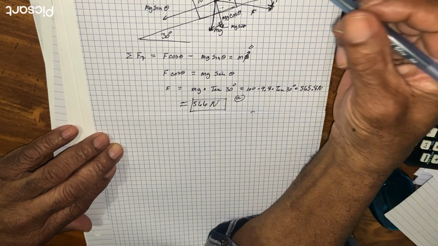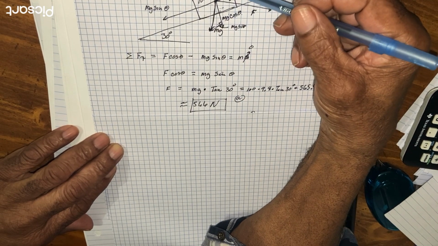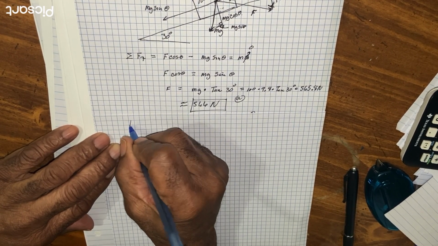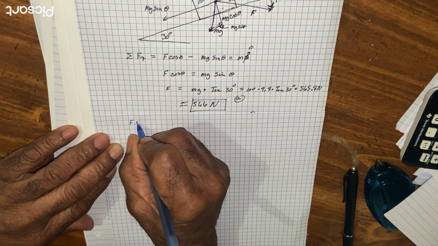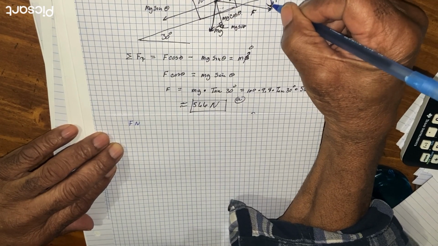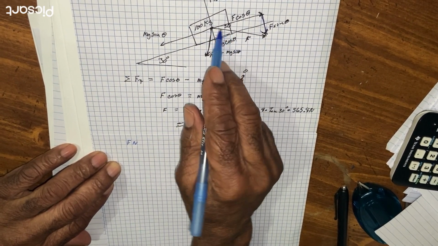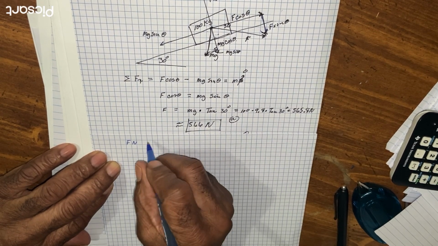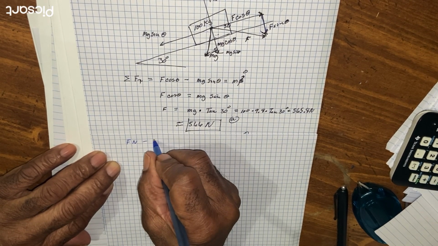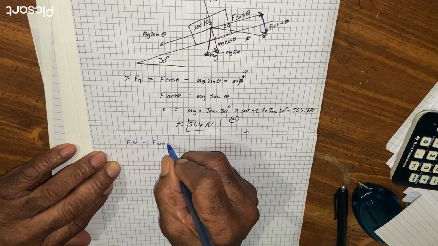So now we want the forces on the box due to the ramp. We want the normal force. So we'll say Fn. We're going to sum our forces. We look over here. We have F sine theta. That's from that force that's pulling it up the ramp. And it's in the minus direction. Minus F sine theta.